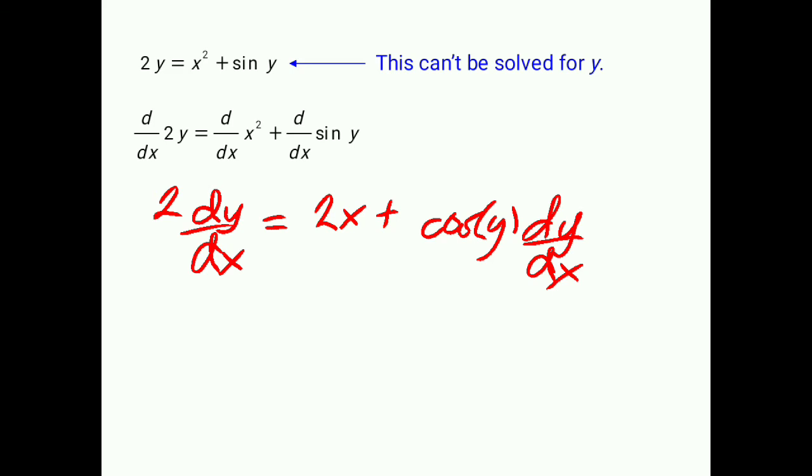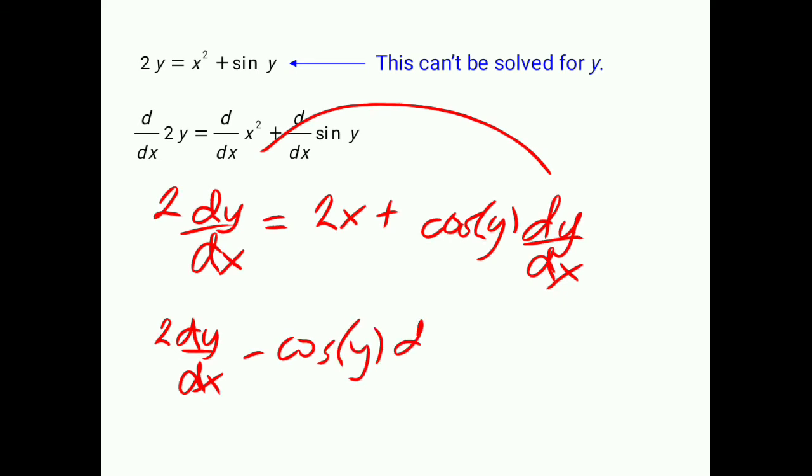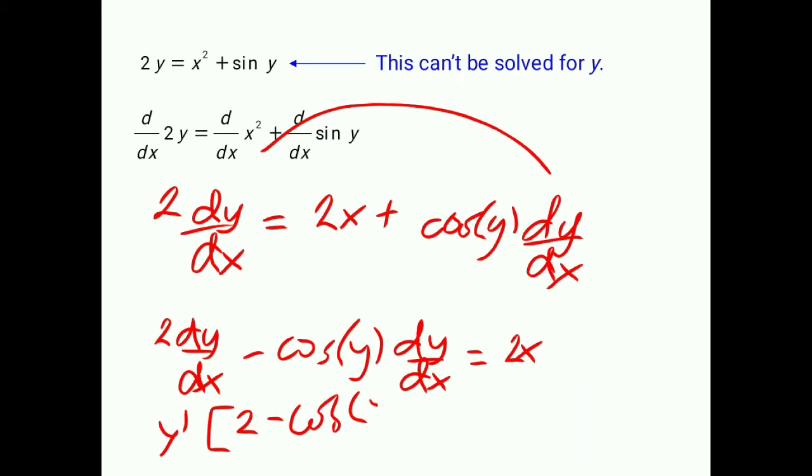So that's 2 dy dx. Then eto, ililipat ko lang sa kabila. That's negative cosine of y dy dx is equal to 2x. Then factor out dy dx. So let's just say na si dy dx is y prime na lang. Y prime times 2 minus cosine of y is equal to 2x, di ba?